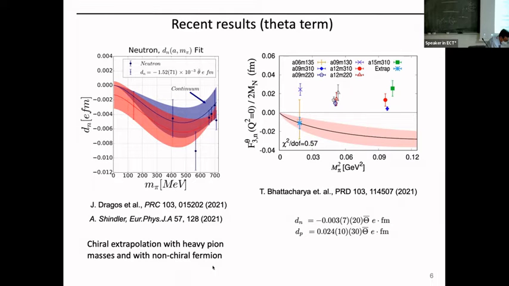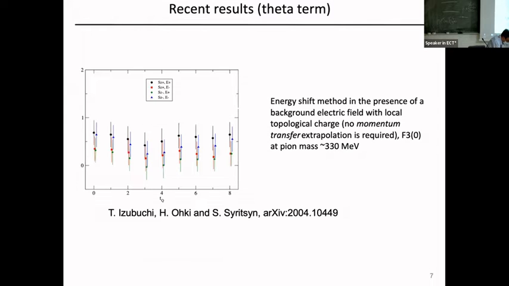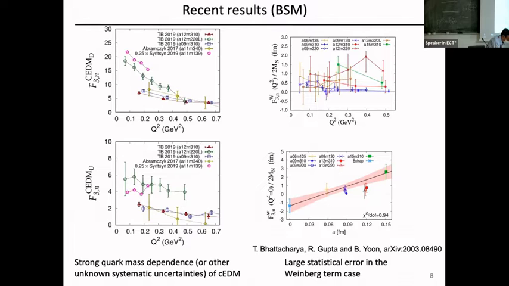You can see the error bar is larger than the other one. Their newer results are like that, so there's no signal. And for the other calculations from the energy shifts in background electric fields, you can see that the error bar is very large. And there are some results from chromoelectric and Weinberg terms, which I'm not going to mention much.